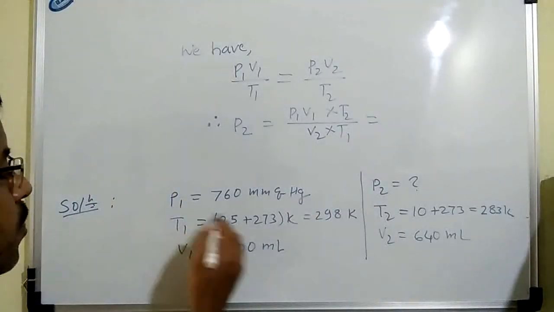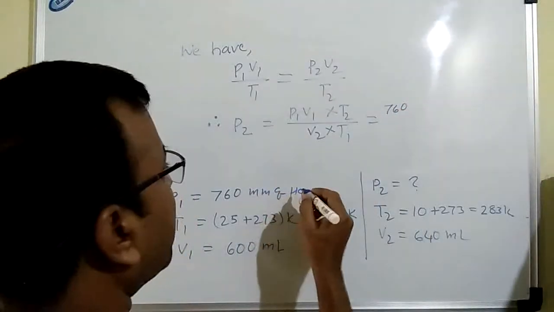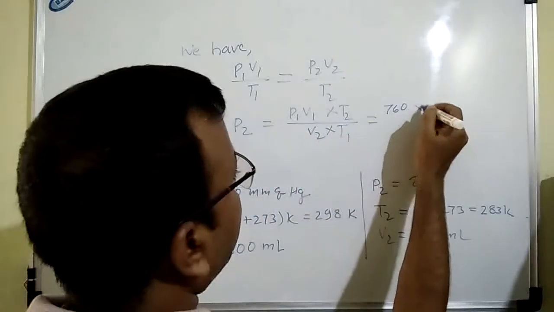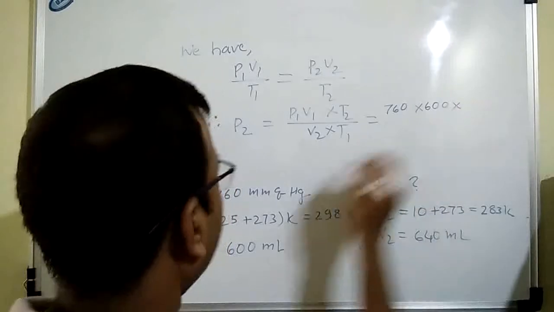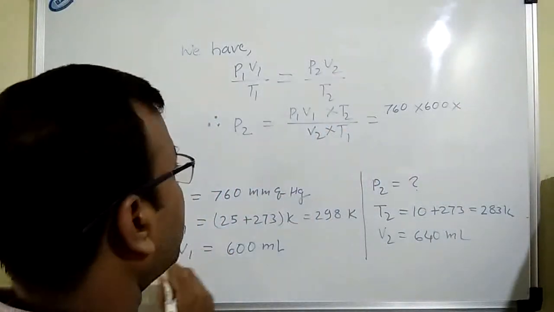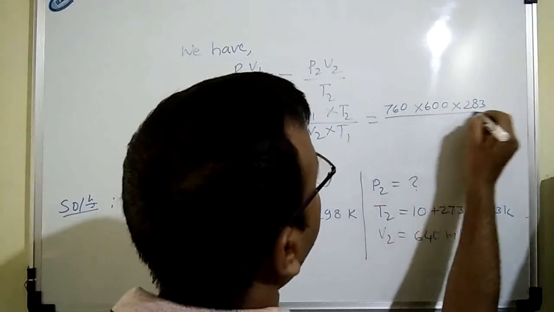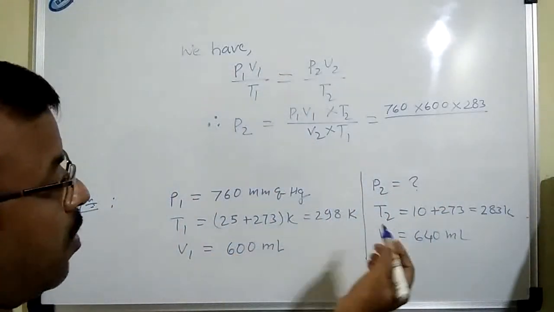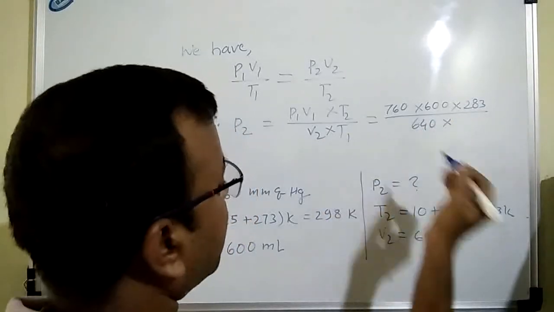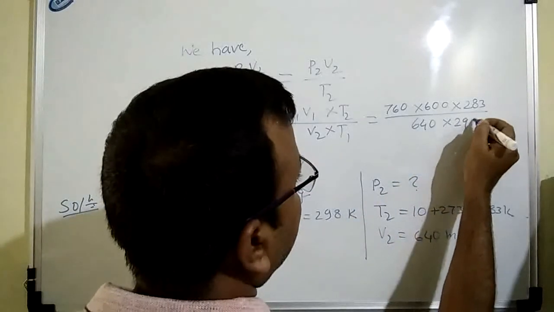Now put the values. What is the value of P1? 760 mm of Hg. Volume is 600 milliliter into T2, which is 283 Kelvin, divided by V2, 640 ml, into T1, which is 298 Kelvin.